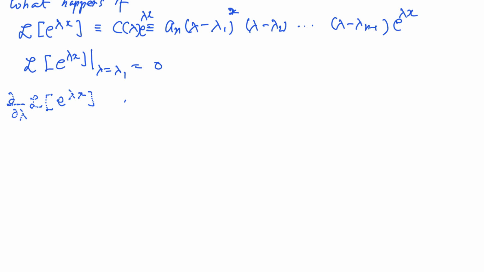The partial derivative with respect to lambda of the exponential lambda x at lambda equal to lambda 1 is 0, right? And you can put this partial derivative with respect to lambda into the differential operator.